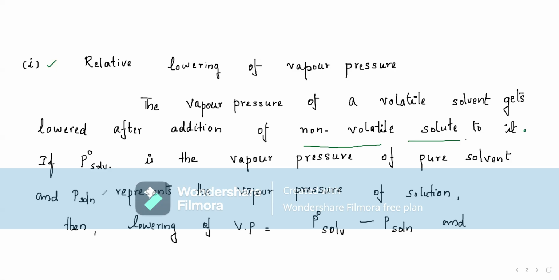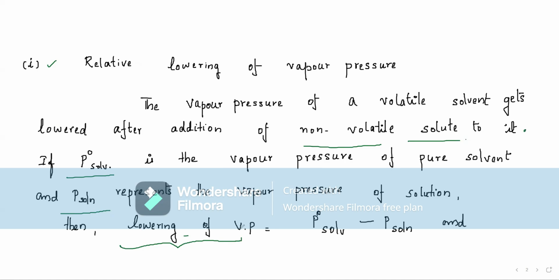Now, if P naught of solvent represents the vapor pressure of pure solvent and P of solution represents the vapor pressure of solution, then by lowering of vapor pressure we mean P naught of solvent minus P of solution. That is what we mean by lowering of vapor pressure.